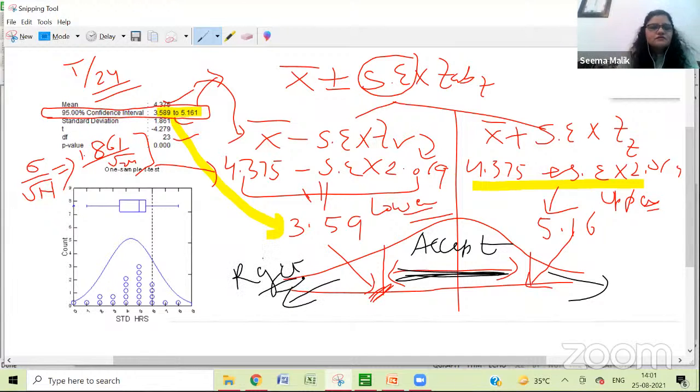Now look at the mean. What is the value of my mean? That is 4.375. Does it lie between these limits or not?